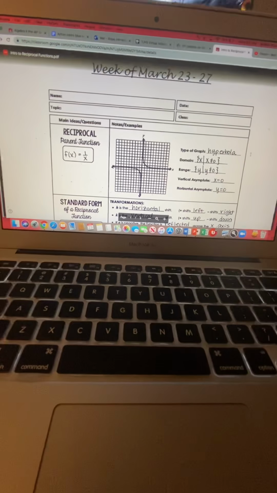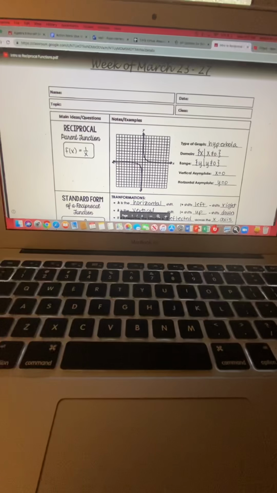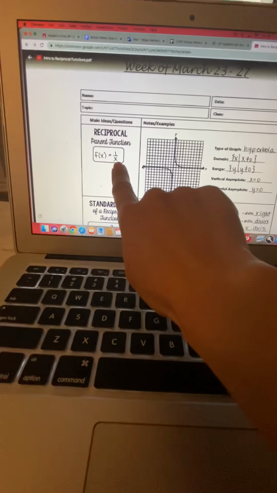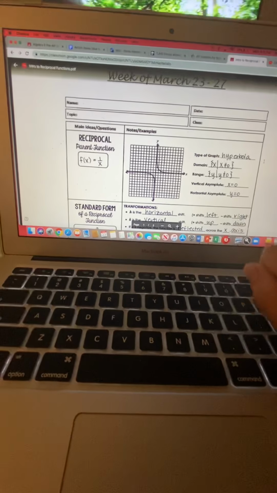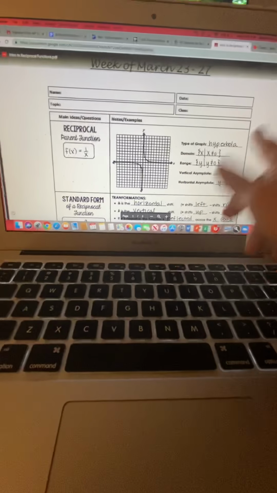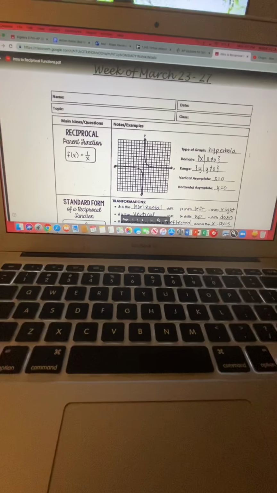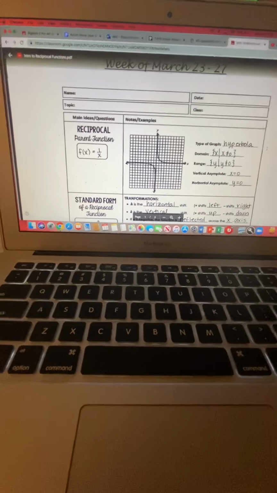All right, well, today we are starting the reciprocal function, which is also a parent function. That is the regular equation for it, regular graph for it. They are hyperbolas. Don't think about it too much. Just like the quadratic one is a parabola, this is a hyperbola, okay?